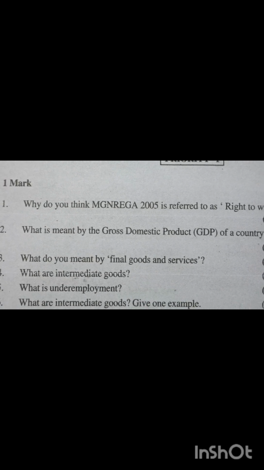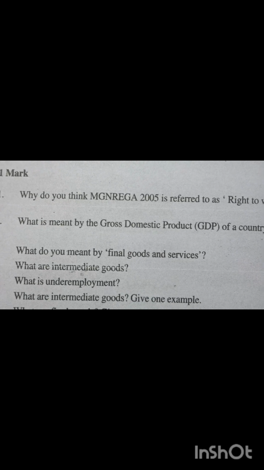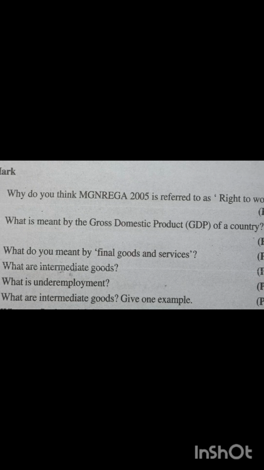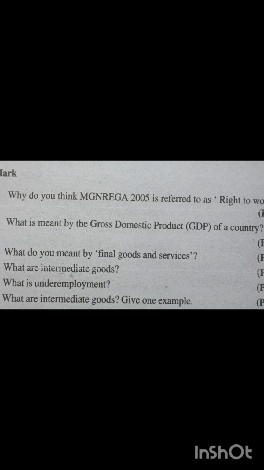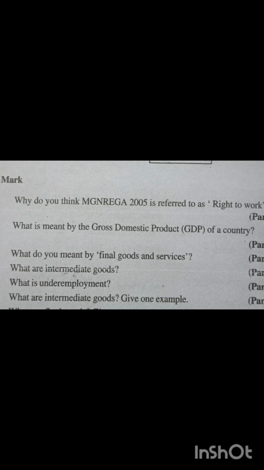One more question. Why do you think MGNREGA 2005 is referred to as right to work?